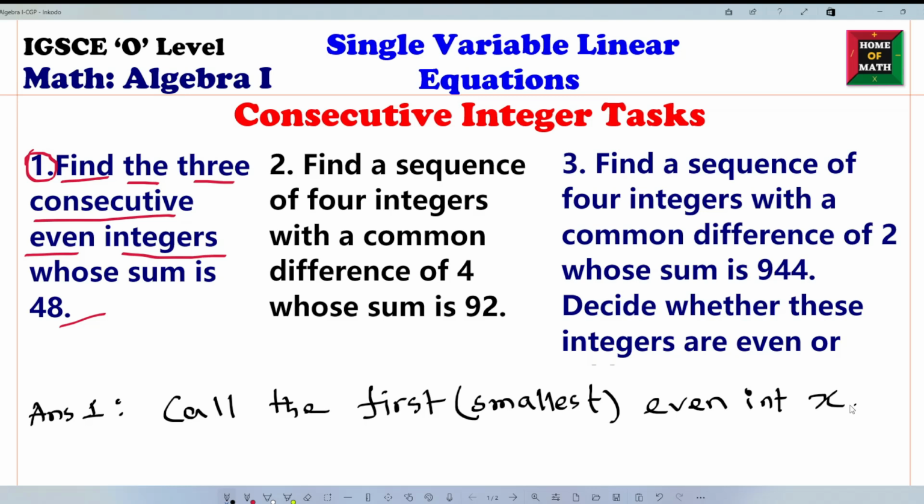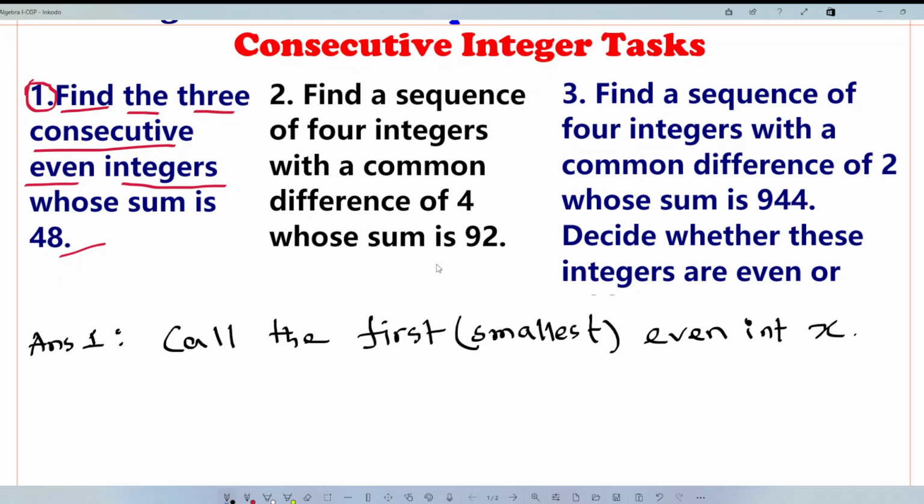Then you can write down an expression for the other even integers in terms of x. So the first even integer equals x. Second even integer, look, find the 3 consecutive even integers.